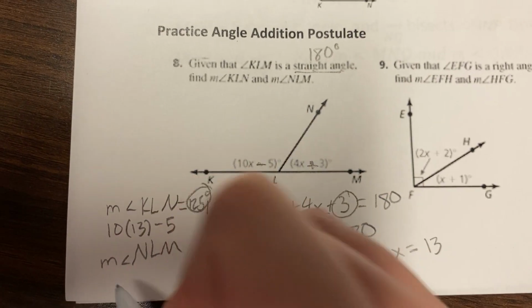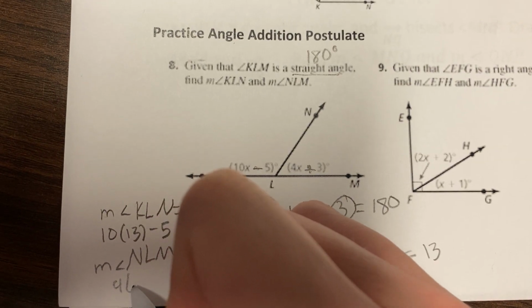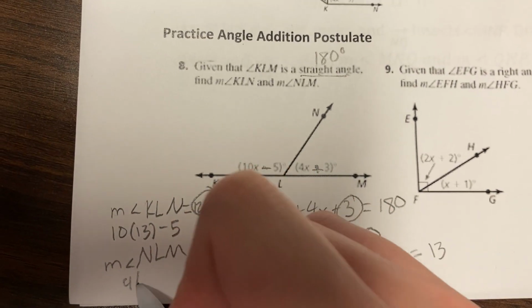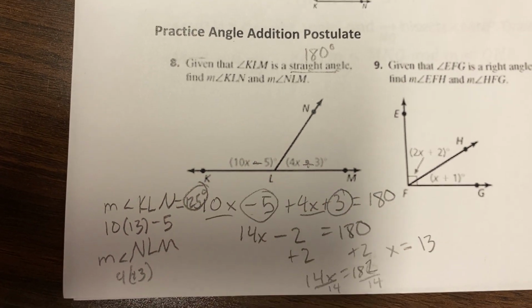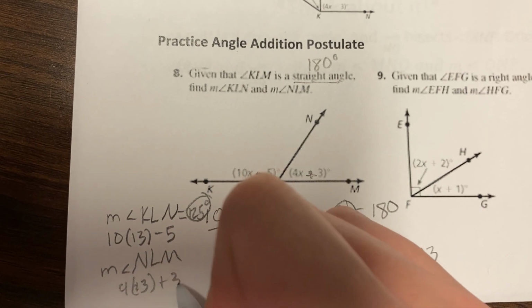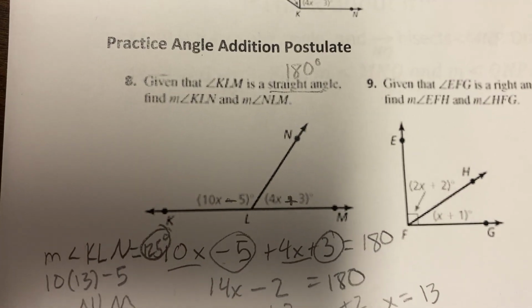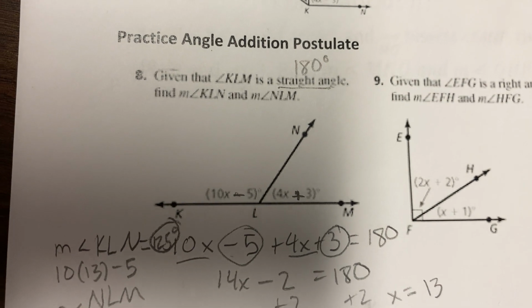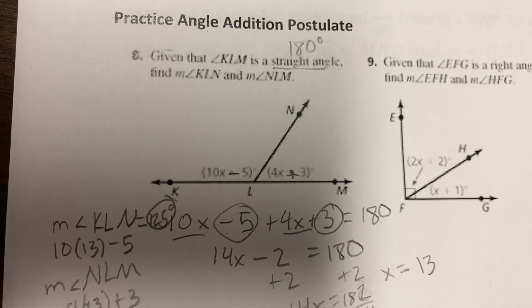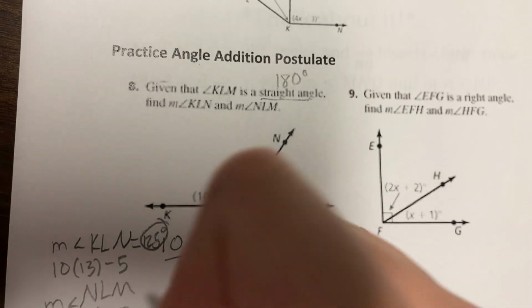Okay, and then same thing here for X. 4 times 13 plus 3. 4 times 13 is 52 plus 3, which is 55.